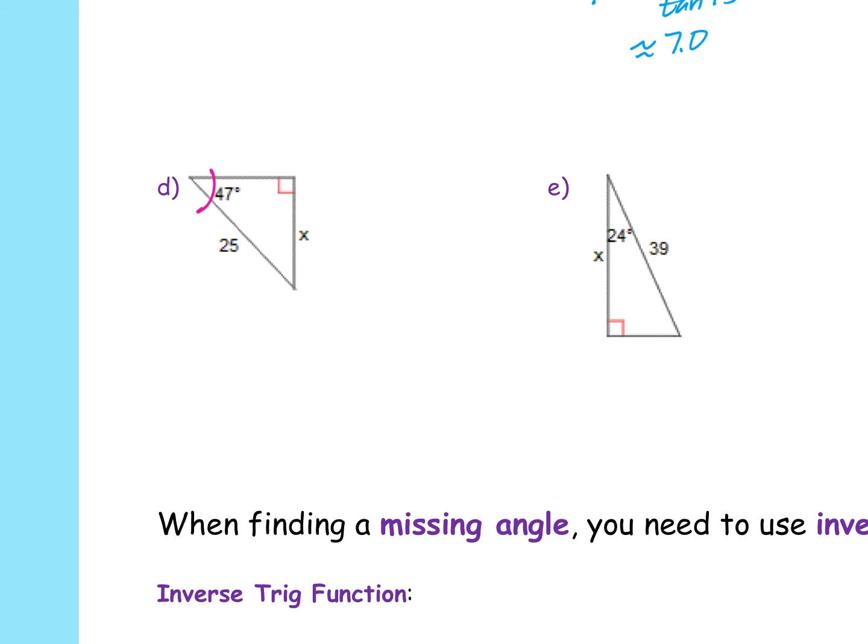D, let's see, what do we have? We have sine again. So sine of 47 equals x over 25. Cross multiply. X is going to be 25 sine of 47, which is going to be 18.3.